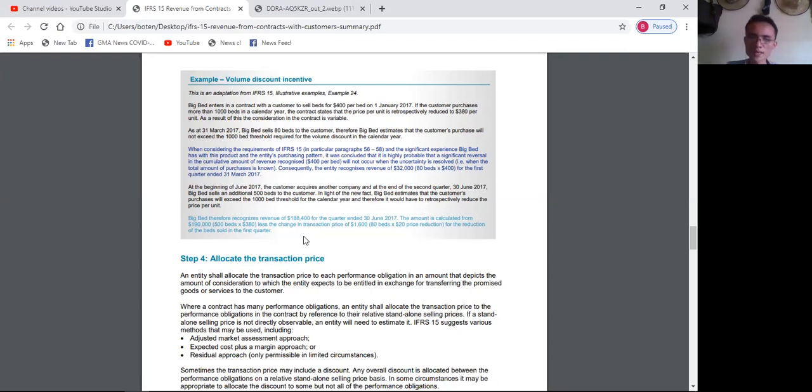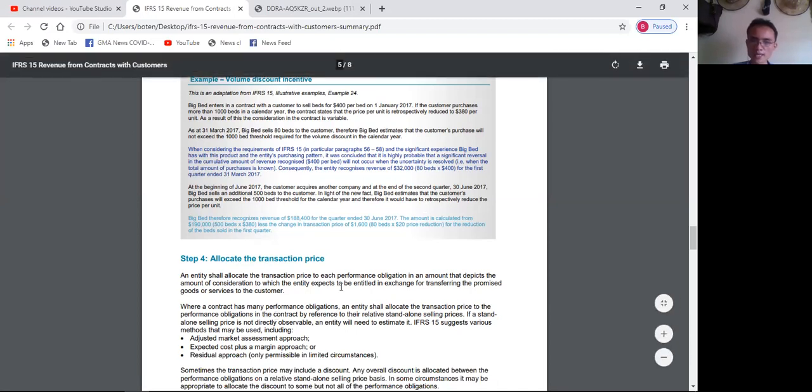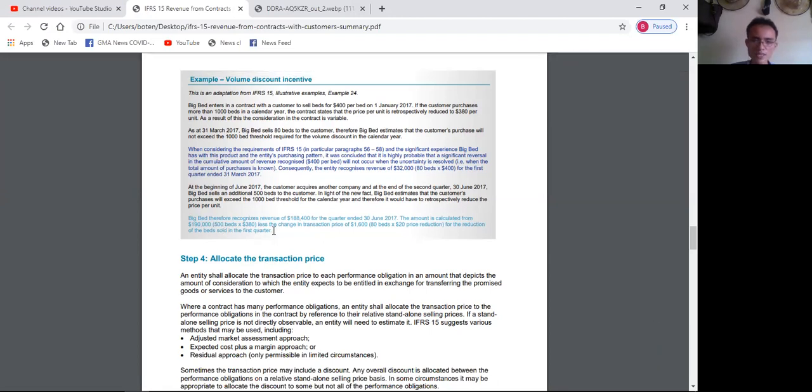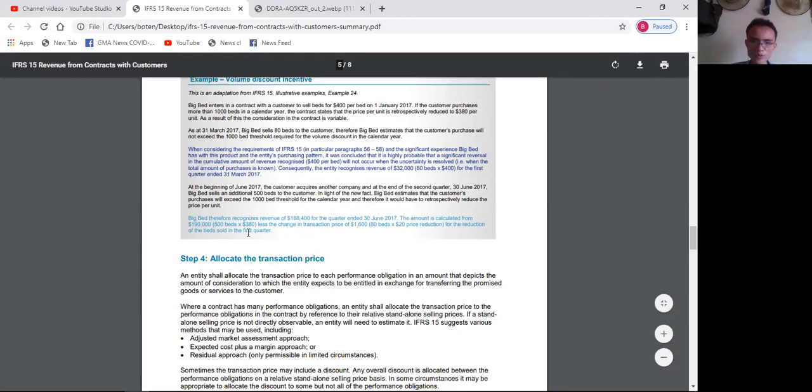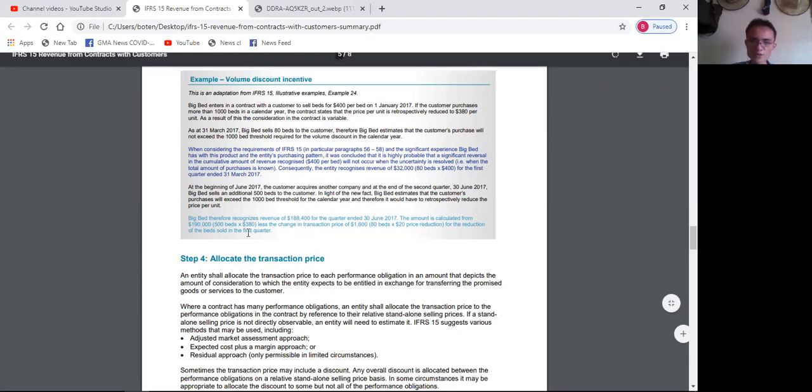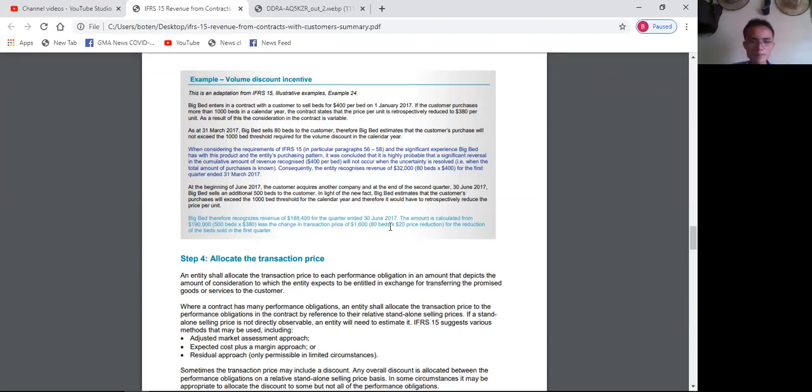Or we can simply do the computation the long way: 500 beds times $380, then we deduct the 1,600 reduction of price in the previous quarter. In this example, we reduced the price for 500 beds automatically. That's why I presented two discounts, the 10,000 and the 1,600. But still, the net revenue that we are going to present is 188,400.